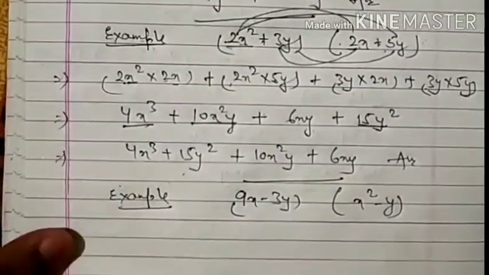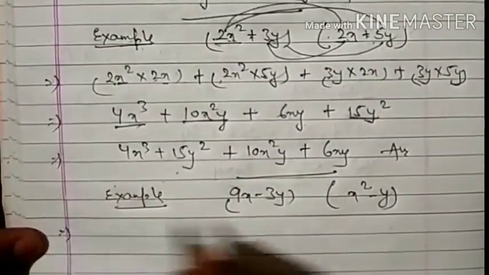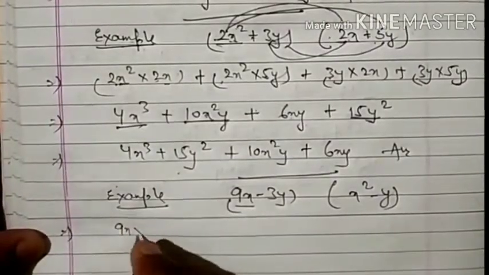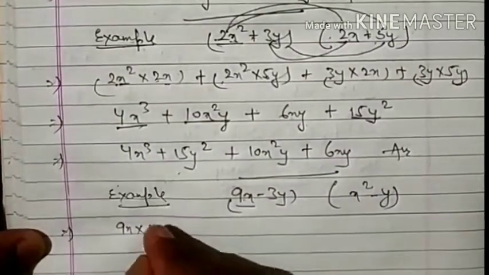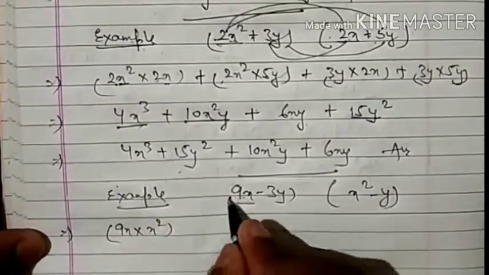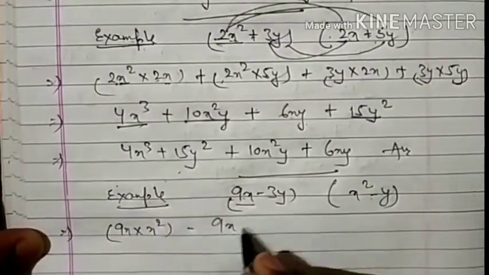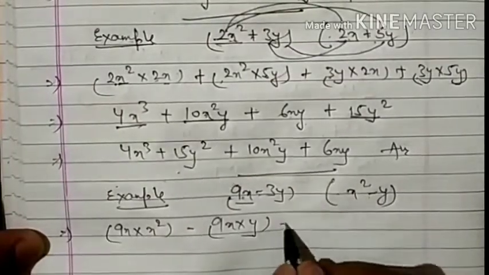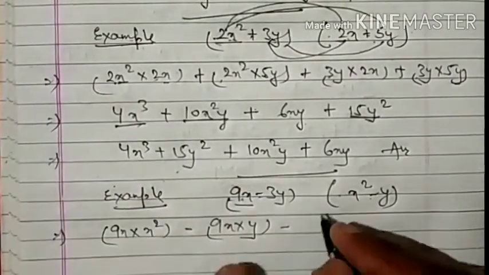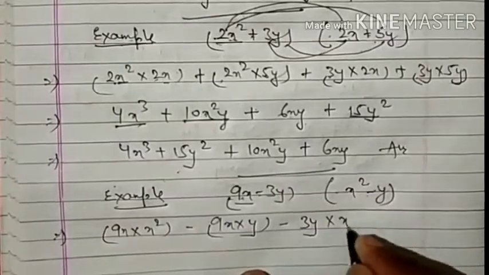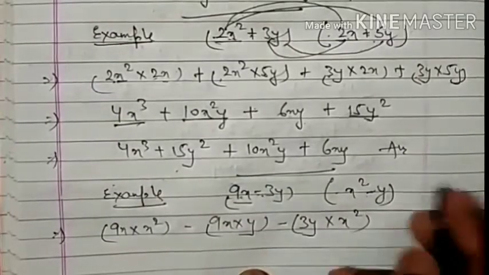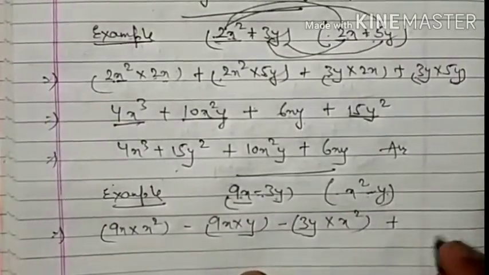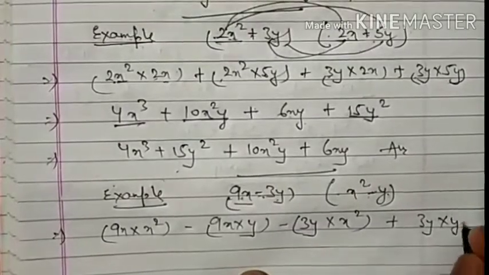So what we do, we follow the same procedure. 9x multiplied to x square, plus minus 9x multiplied to y, minus, plus minus 3y multiplied to x square, minus, plus 3y multiplied to y.